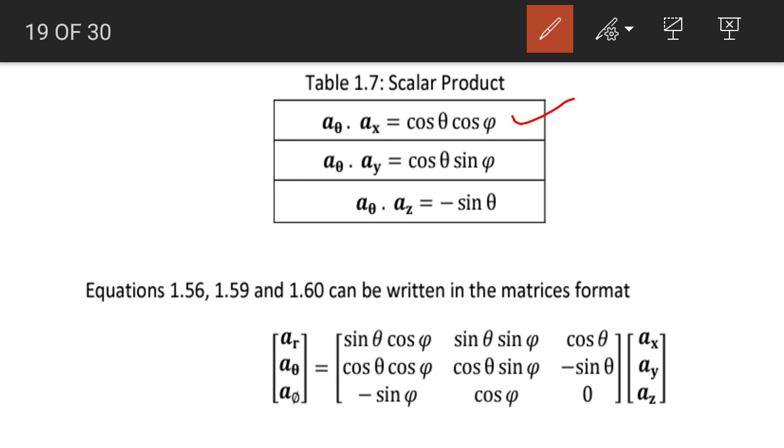We have already discussed the scalar product of these unit vectors in the previous slide. A theta dot ay is cos theta sin phi. A theta dot az is minus sin theta.